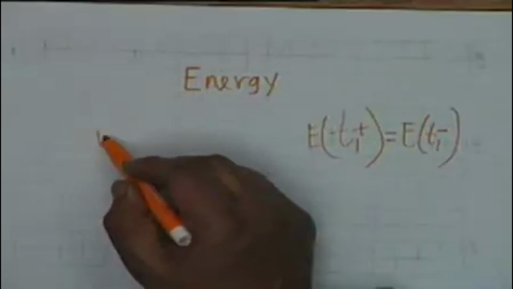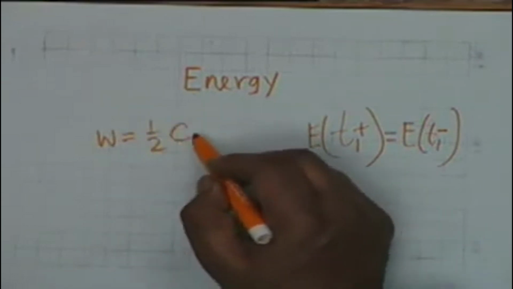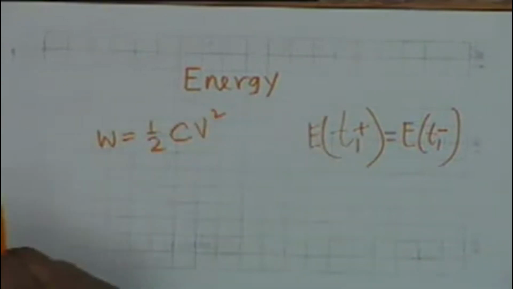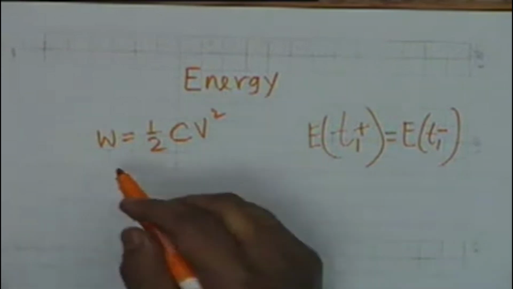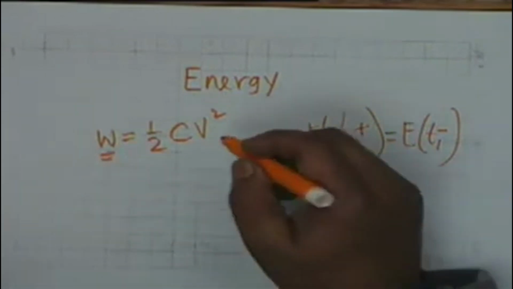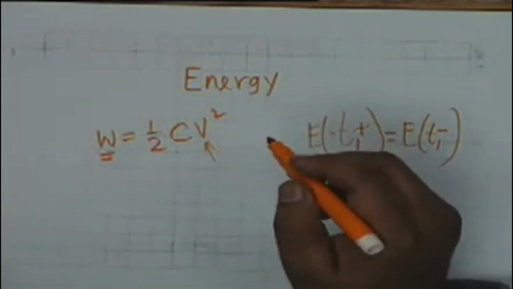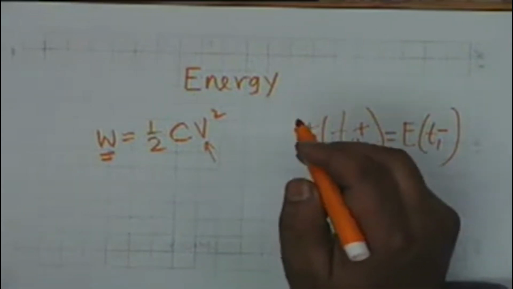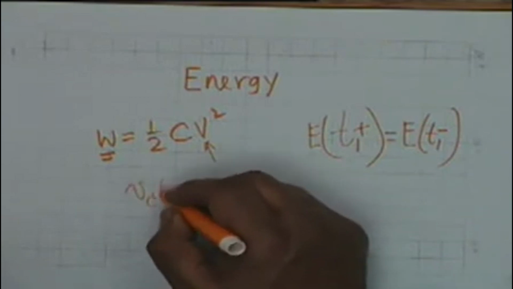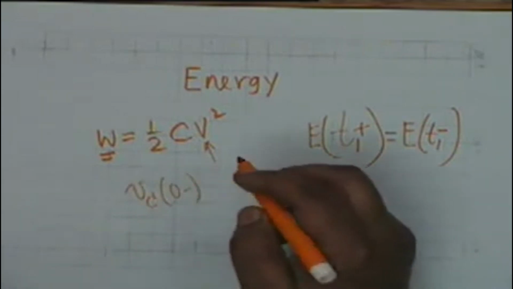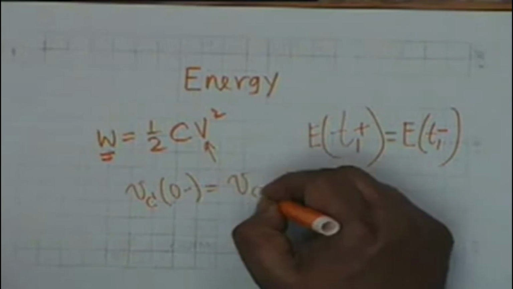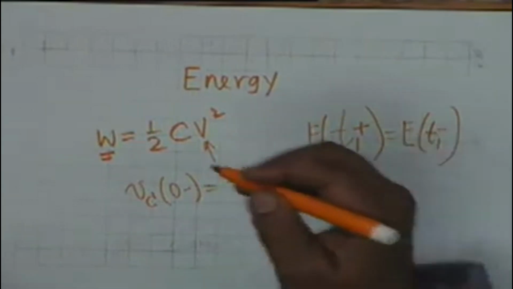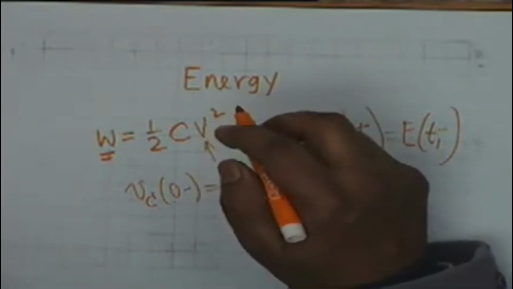Energy in a capacitor is half C V squared, and since energy cannot change instantaneously, the voltage across a capacitor cannot change instantaneously either. In other words, Vc at 0 minus would be equal to Vc at 0 plus, where Vc is the voltage across a capacitor.